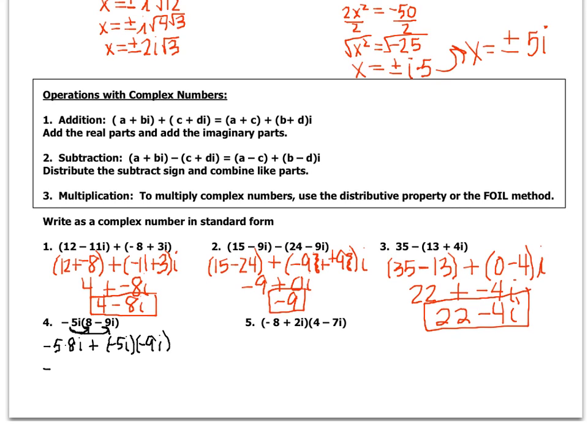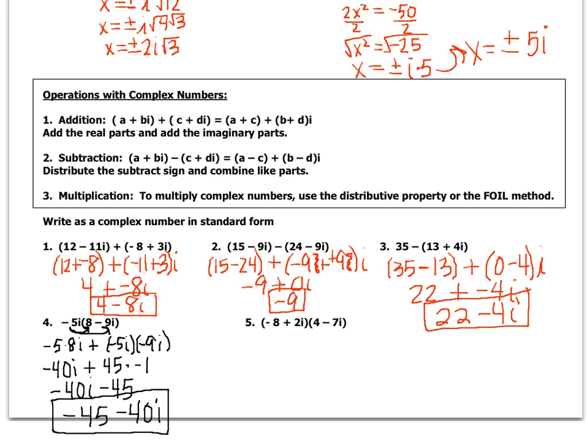So negative 5 times 8 is negative 40, and I've still got my i there, plus negative 5 times negative 9 is positive 45. i times i, though, we set up above, that's i squared, and so that's just really times negative 1. So it's negative 40i. 45 times negative 1 is minus 45. And then if I put this in standard form, it would be negative 45 minus 40i. And there's my simplified form.